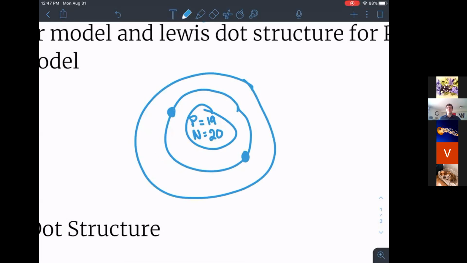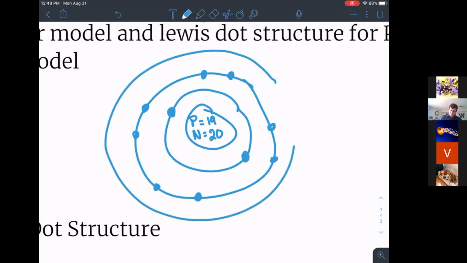How many electrons can go in that second orbital? 8, awesome. Do I have all my electrons or do I need more? You need more. Awesome. Okay, so I have to have a third orbital.